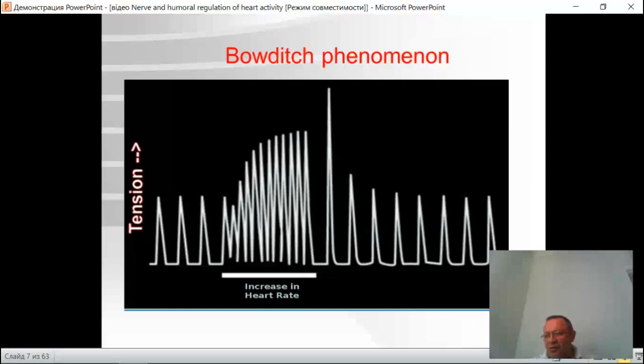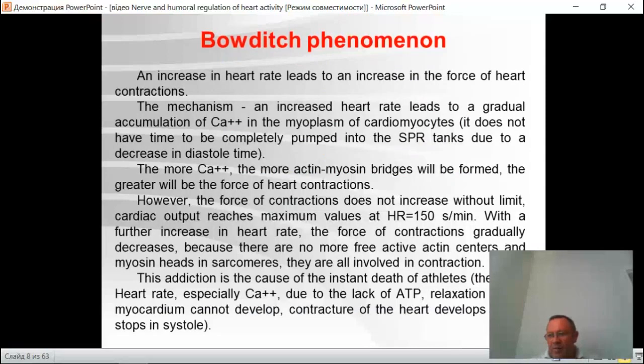They are all involved in contraction. This is the cause of the sudden death of athletes. With more heart rate, especially calcium ions, and due to lack of ATP, relaxation of the myocardium cannot develop, and contracture of the heart develops, and it stops in systole.